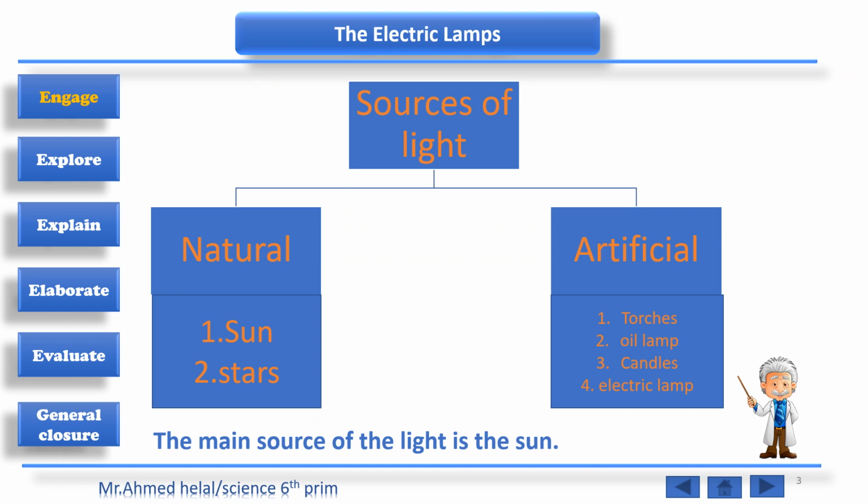As we studied in Prime 5, we have two sources of light, or two types of light: the natural light and artificial light. The natural light is like sunlight and starlight, and the artificial light is what we made, like torches, oil lamps, candles and electric lamps.